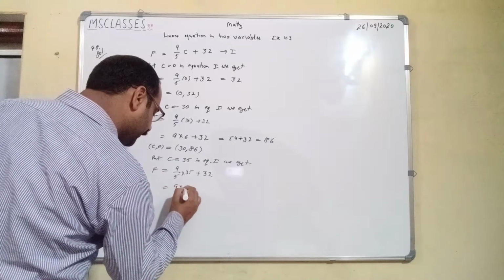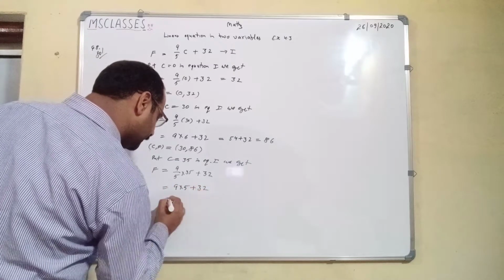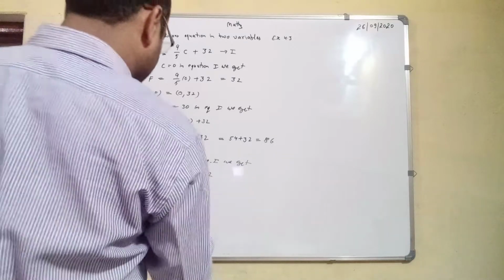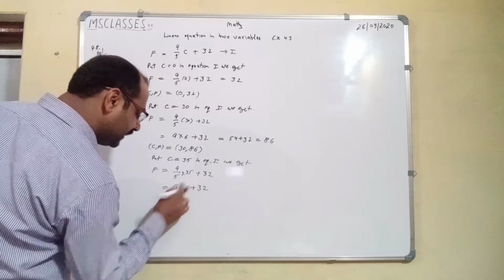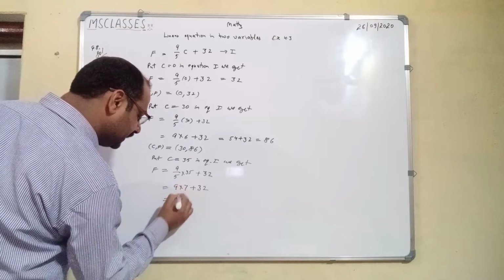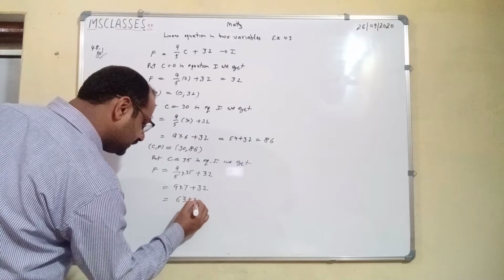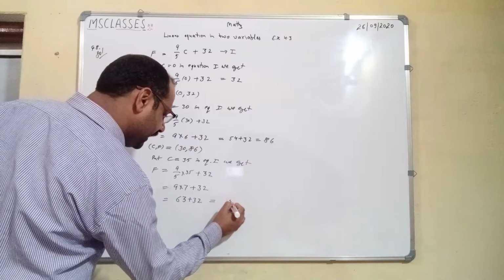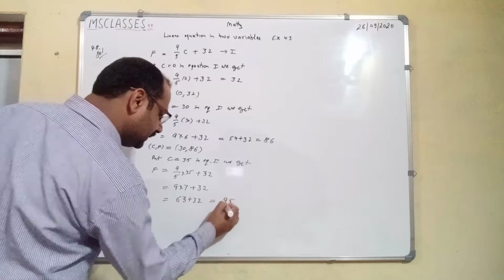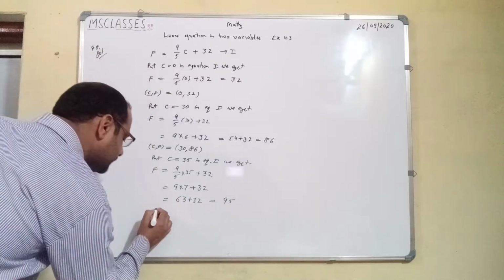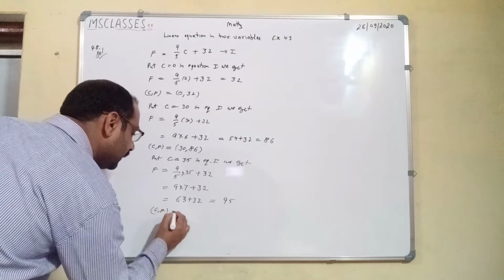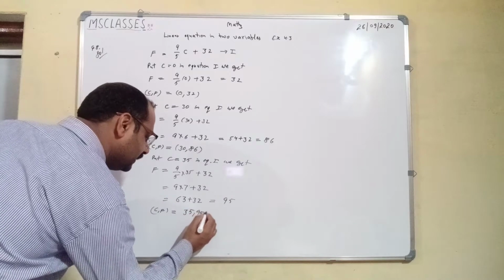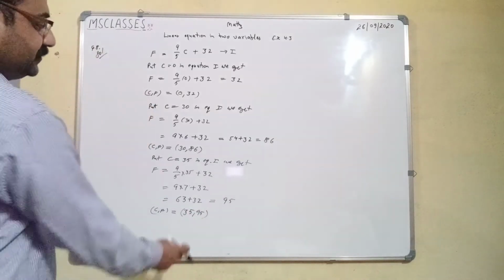So 9 into 7 plus 32. 9 sevens are 63, and 63 plus 32 is equal to 95. So your third coordinate (C, F) is equal to (35, 95).